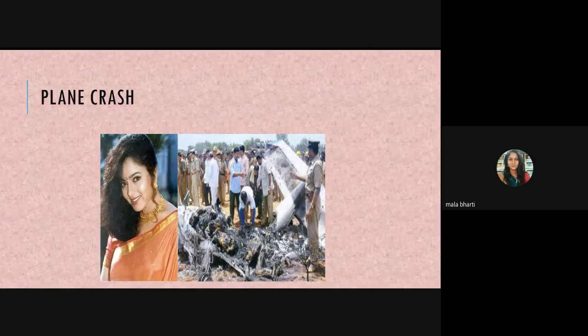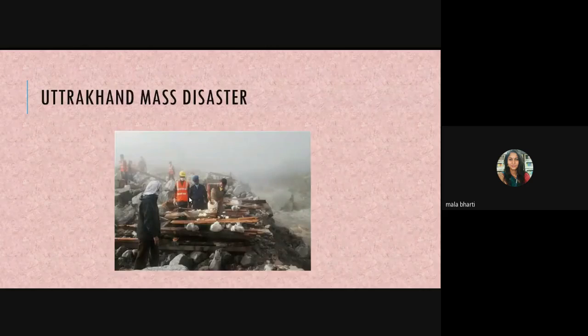Be it from the skull, we can determine the age, sex, be it the pelvis. So basically, I'm trying to imply that in cases like a plane crash, or a mass disaster where loads of bone are recovered at the scene, forensic anthropology plays an important role.